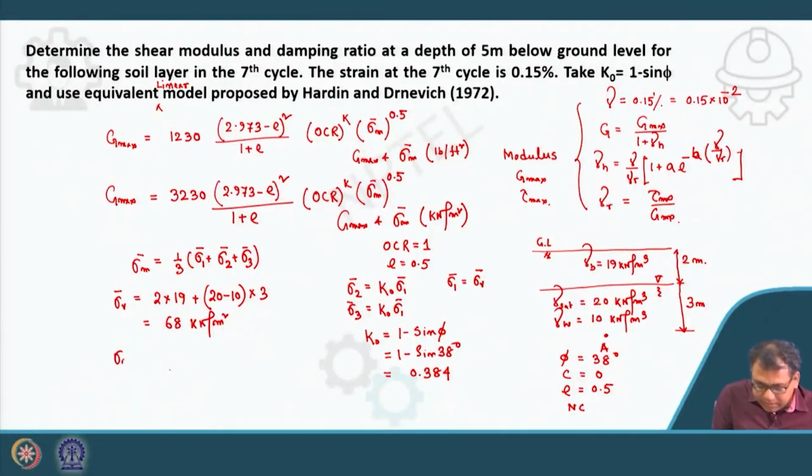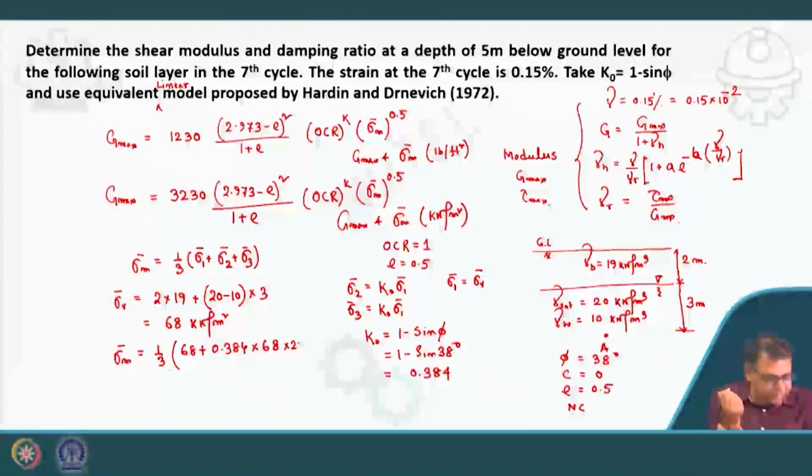So my sigma m bar will be 1/3 of sigma 1 bar, which is 68, plus K0, which is 0.384, into 68 into 2. It is into 2 because this is 1 plus 2.